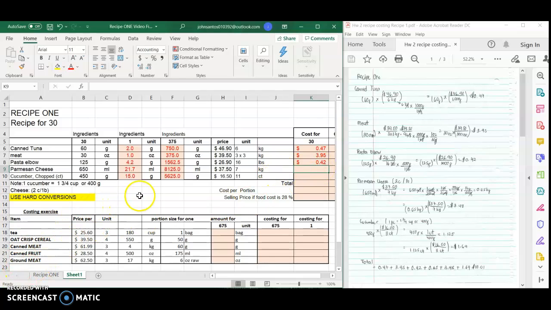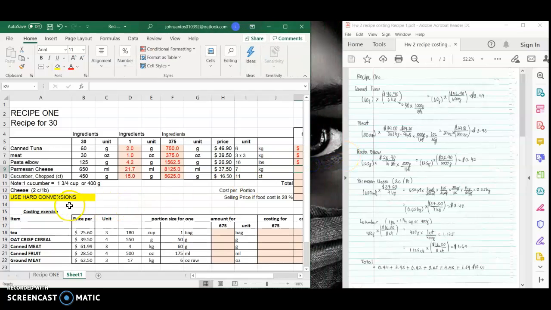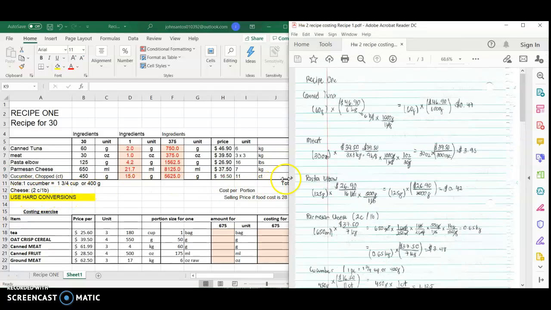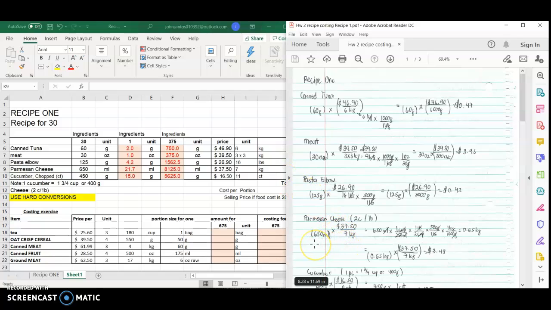Next up is the Parmesan cheese. For the Parmesan cheese, it's right here. It says 2 cups per 1 pound. So for Parmesan cheese, you have to multiply 650 ml by $37.50 over 7 kilograms. But what I did right here is convert the 650 ml to kilograms using this one right here. First we convert 650 ml to cups, wherein 1 cup is equal to 250 ml.